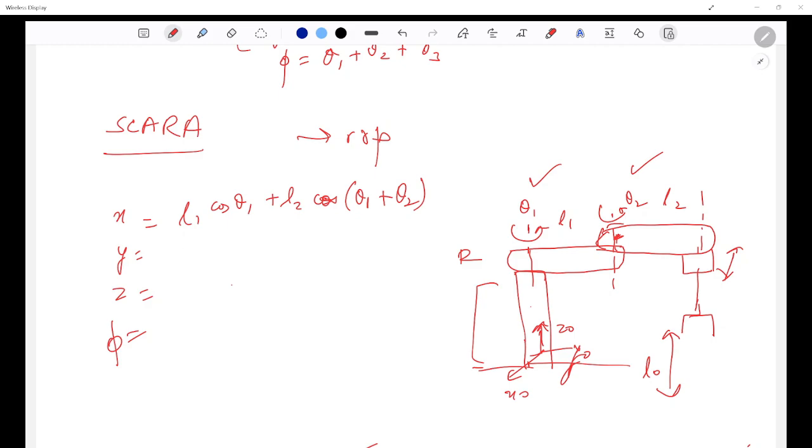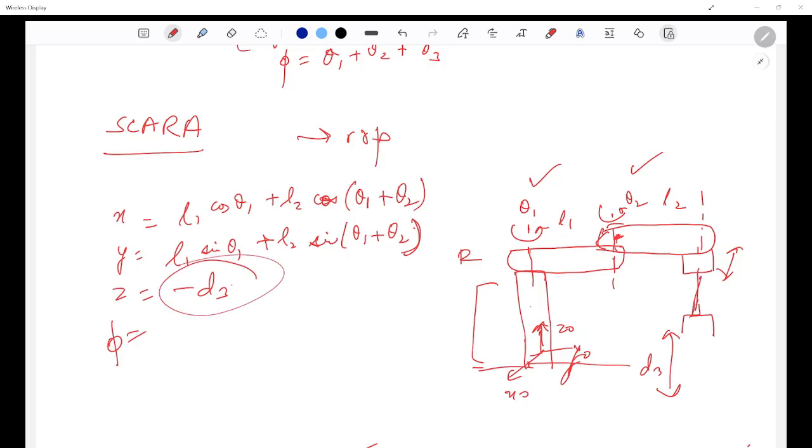For y, it would just be sine of these terms. And here, let's say it is d3, then for z, you will have d3. You can derive all of this from DH parameters. I'm not going into that right away. But you can have them derived directly from here, and since we do not have a third R, we won't have that term, but we have translation over here, so we get the d3 term.